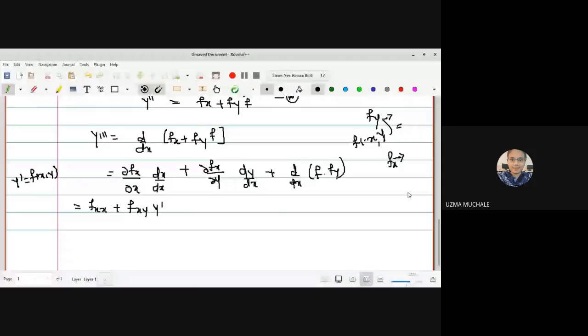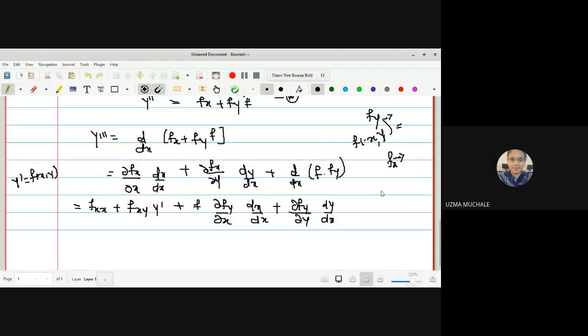For this, the first one we will keep f as it is, and then we will evaluate the derivative of fy, that is the partial derivative of fy with respect to x and derivative of x with respect to x, plus derivative of fy with respect to y and derivative of y with respect to x.